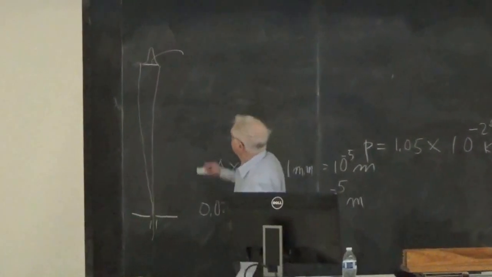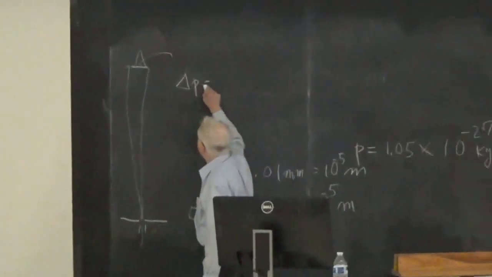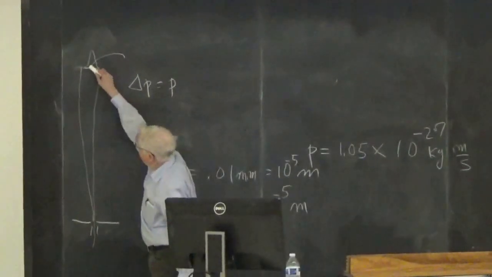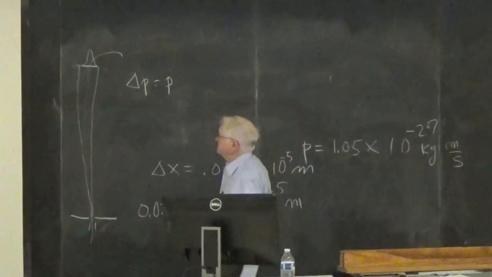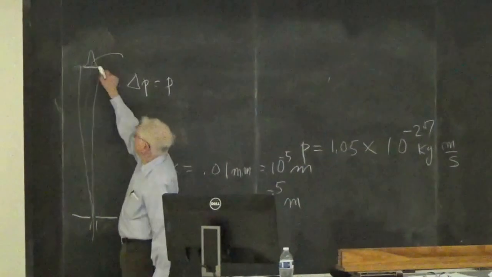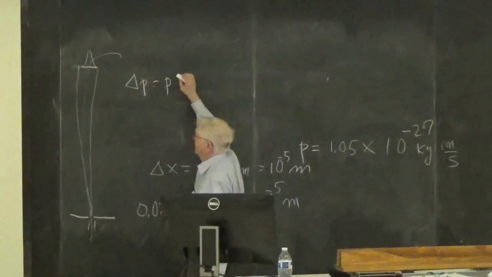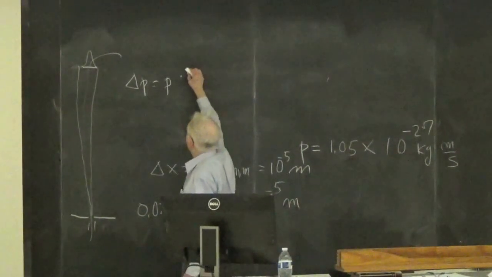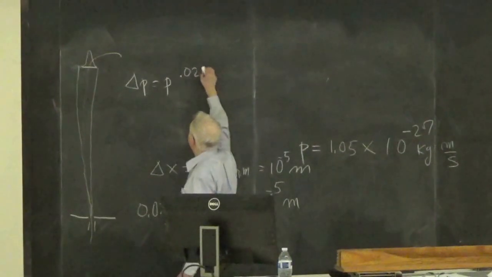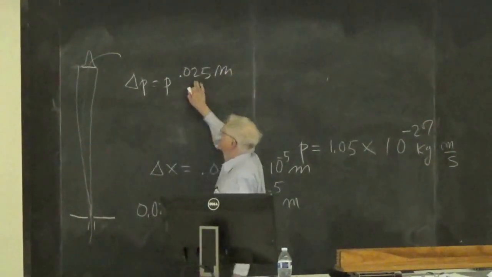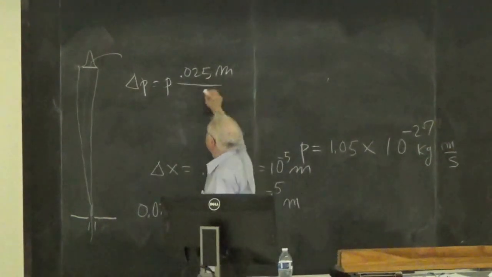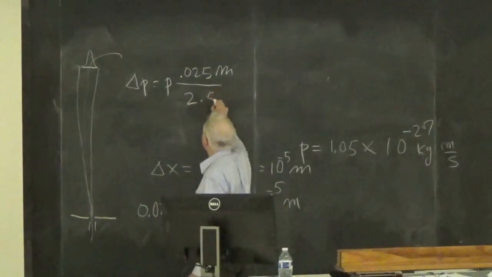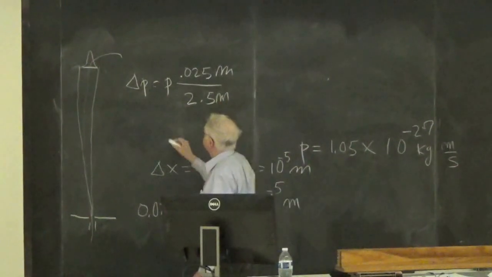On the other hand, delta p is p times basically this angle here, and the angle is something like half the width, so that's 0.025 meters, right? 5 centimeters would be 0.05 meters, and we're dividing by 2.5 meters.